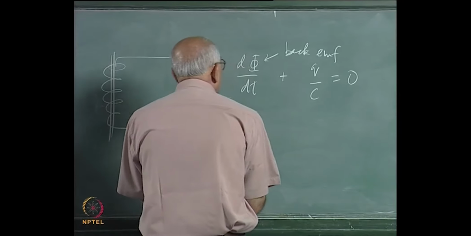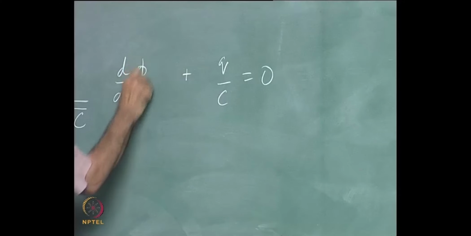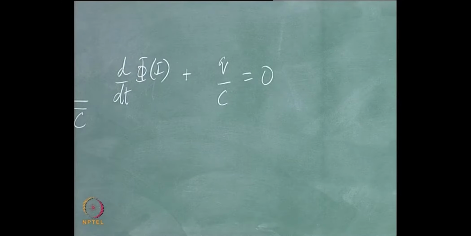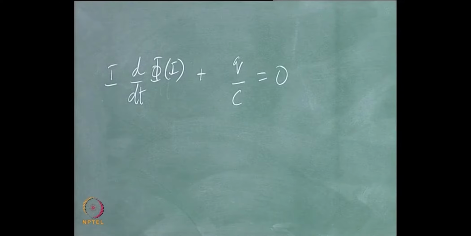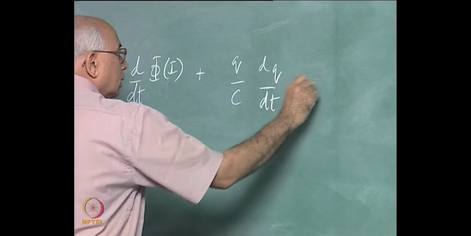So this is d over dt of phi of I. Well, the obvious thing to do is to multiply both sides by q dot once again, by I. So this becomes an I here, and I multiply this by I, which is dq over dt, that is equal to 0.